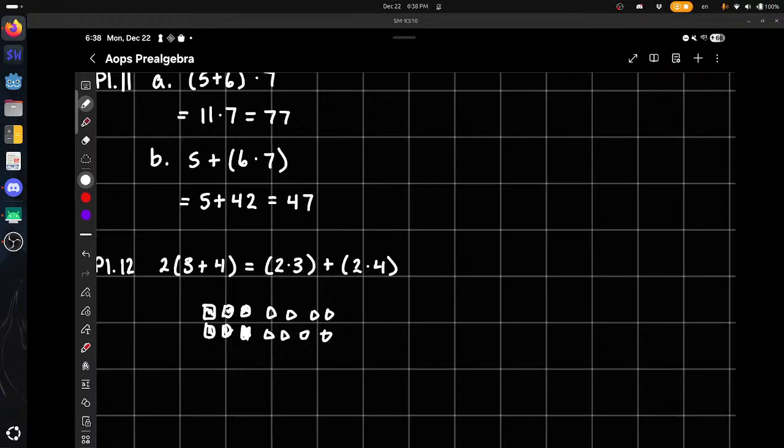Using the picture below, explain why 2 times. So there's a shaded part.